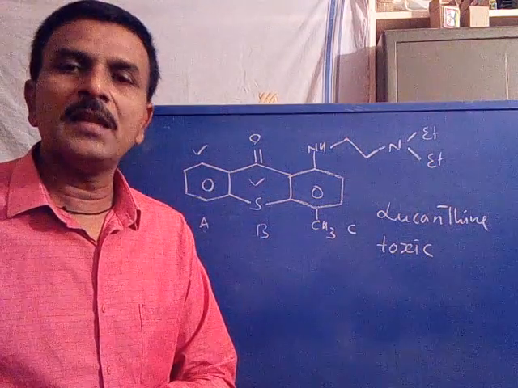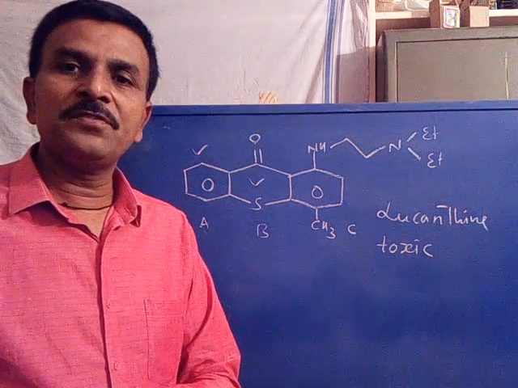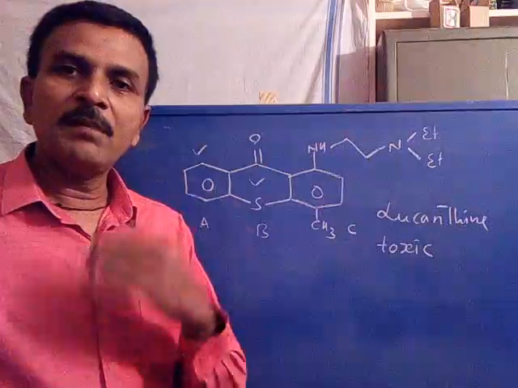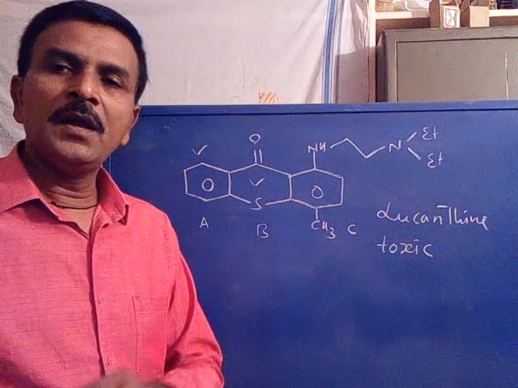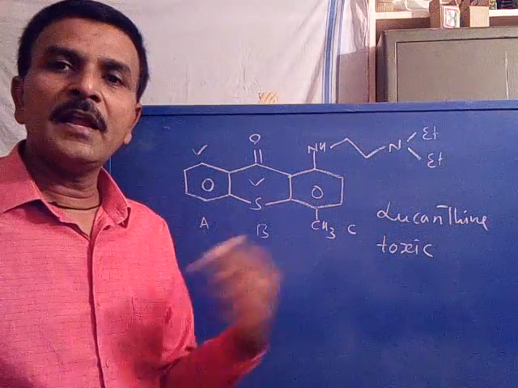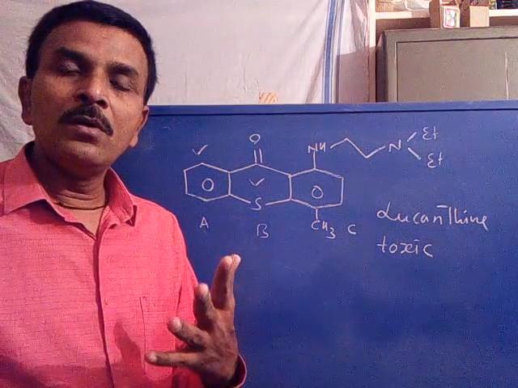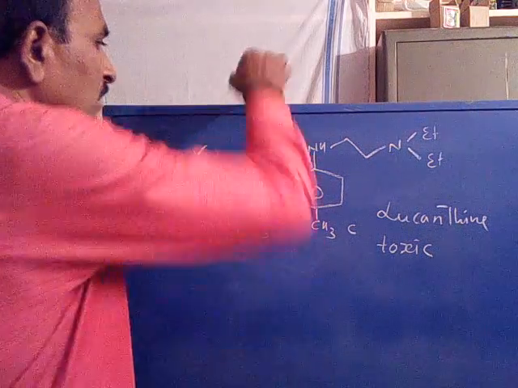Therefore, its structure was further modified by removing the A and B rings, to get a new derivative called myrcene.